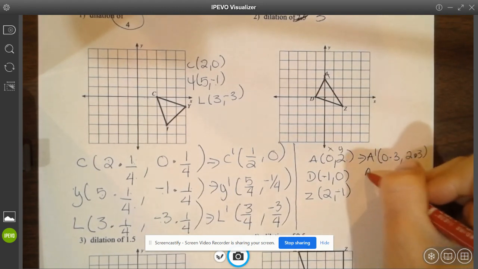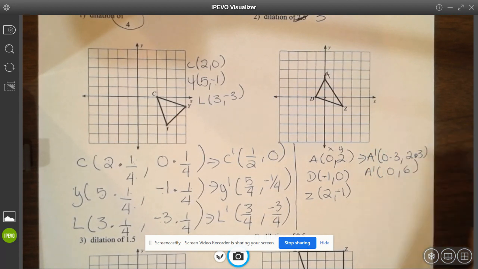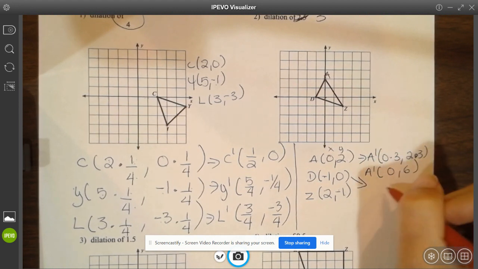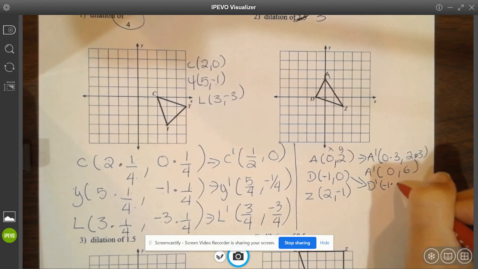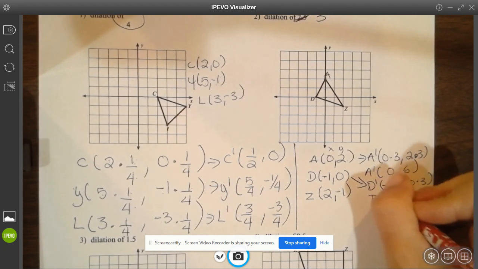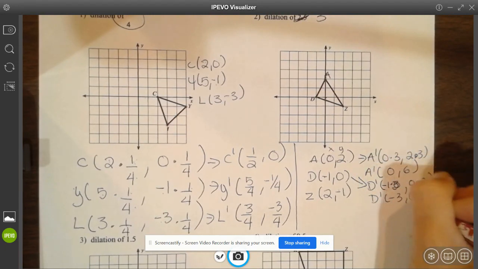That means that A is 0 and 2 times 3 is 6. Okay? D is negative 1 times 3, because that's the dilation factor, and then 0 times 3. D is negative 3 and 0.